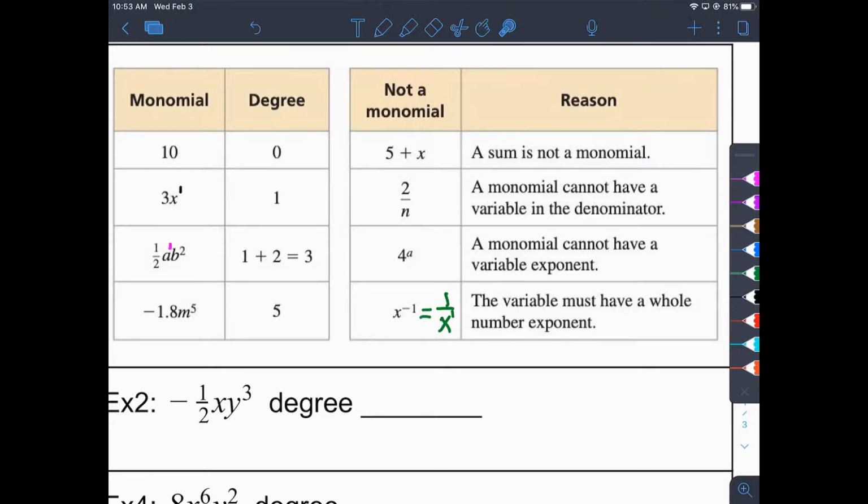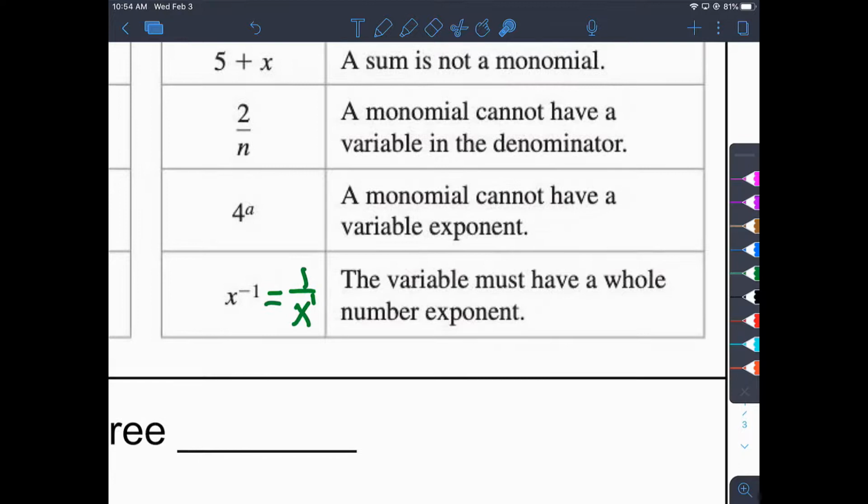The negative in the exponent means it goes to the denominator, which actually breaks the above rule. You cannot have a variable in the denominator. But it words it this way because it's a negative. It did not rewrite itself like we showed it, but it says the variable must have a whole number exponent. Now, what are whole numbers again? Well, they are counting numbers, 1, 2, 3, 4, 5. It's not allowing us to have a negative, not allowing us to have integers.